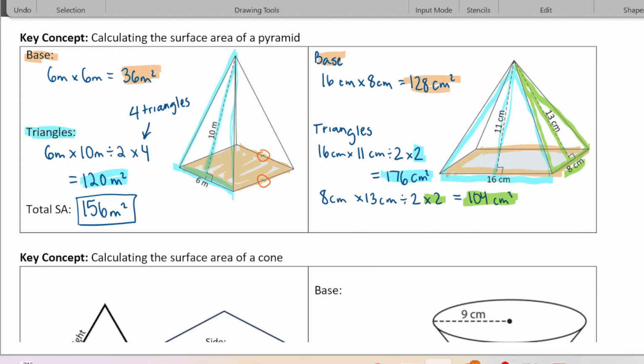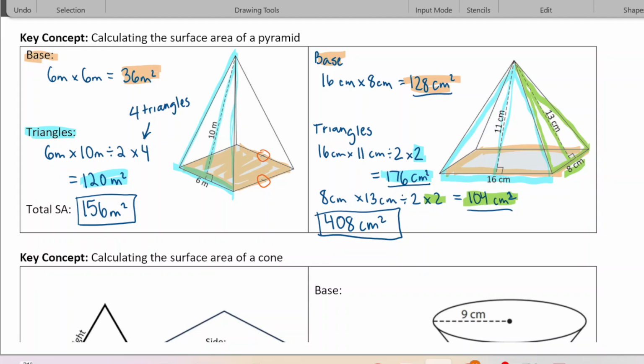Okay, so I've got my base and my 4 triangles, 2 blue and 2 green. All together, add up all those numbers, 128 plus 176 plus 104, and I get 408 centimeters squared for my total surface area. Again, really important to show your steps clearly so that you can catch any mistakes, and also if anyone's looking at your work, they can catch them as well.